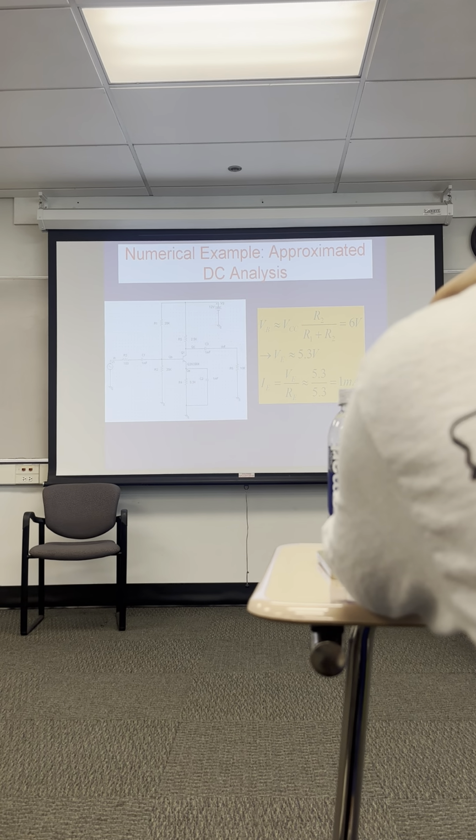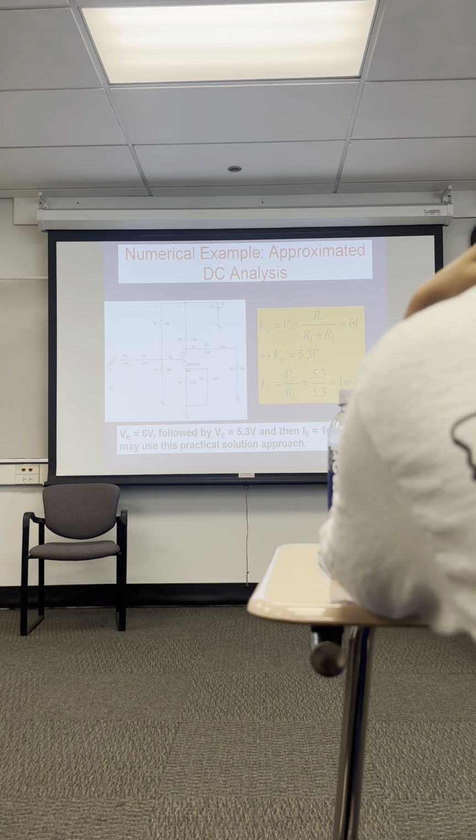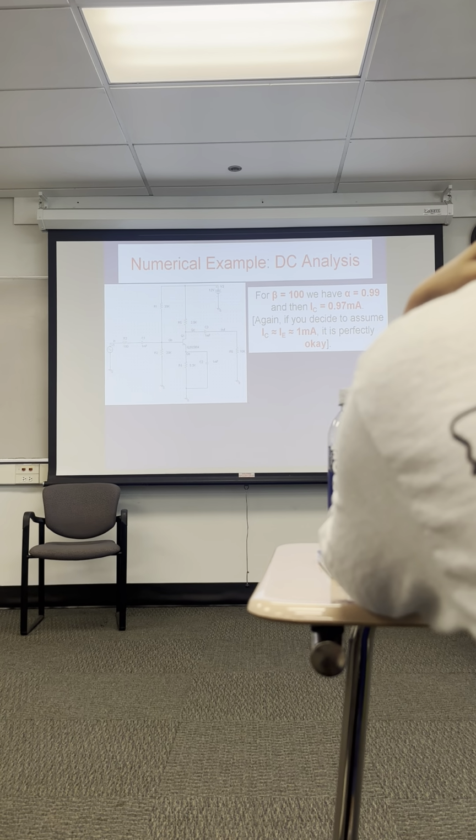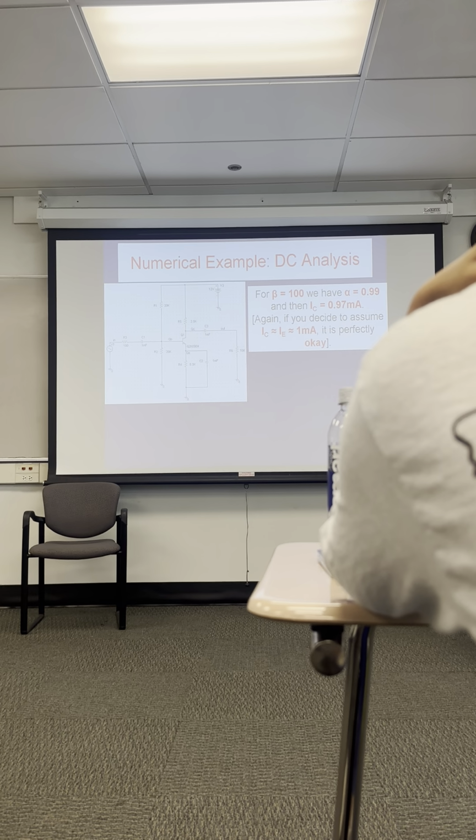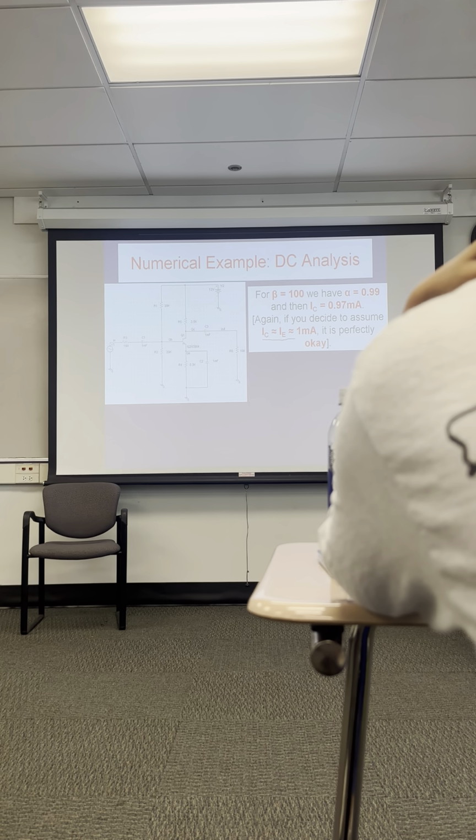So these are the voltages calculated so far: V sub B, V sub E, and I sub E. And this assumption here, when you're working with a problem, you want to definitely write that somewhere in your result.